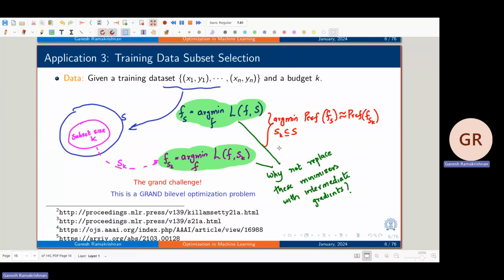So you want the performance on SK to be similar to the performance on S. Now, how would you do that?